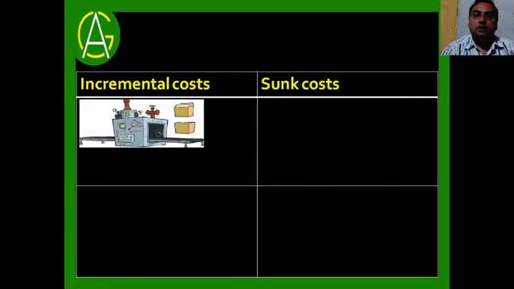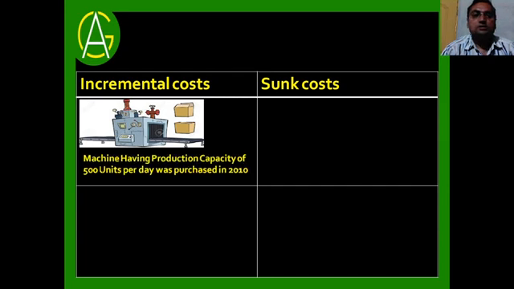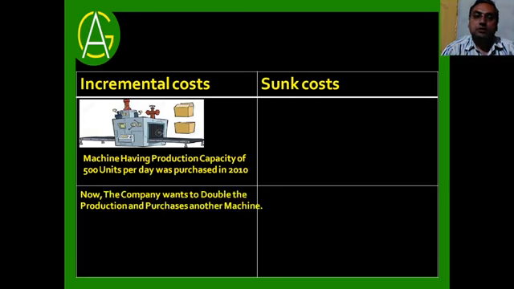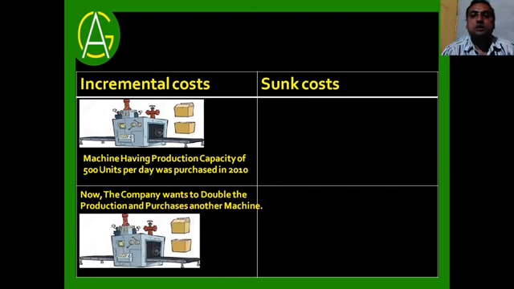For example, a company has a machine with a production capacity of 500 units per day. That was purchased in the year 2010. Now the company wants to double the production. In order to double the production, the company has purchased another same kind of machine.